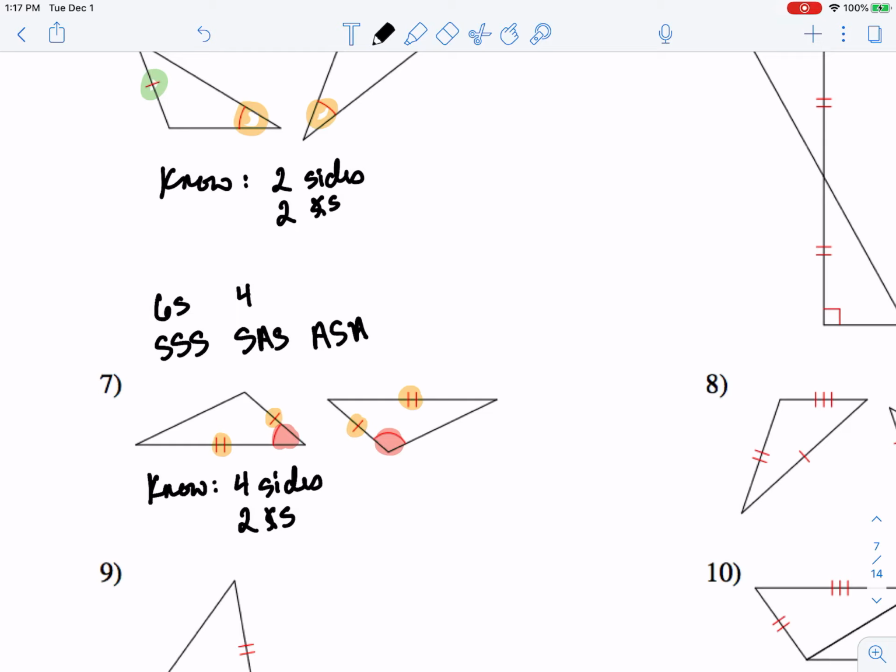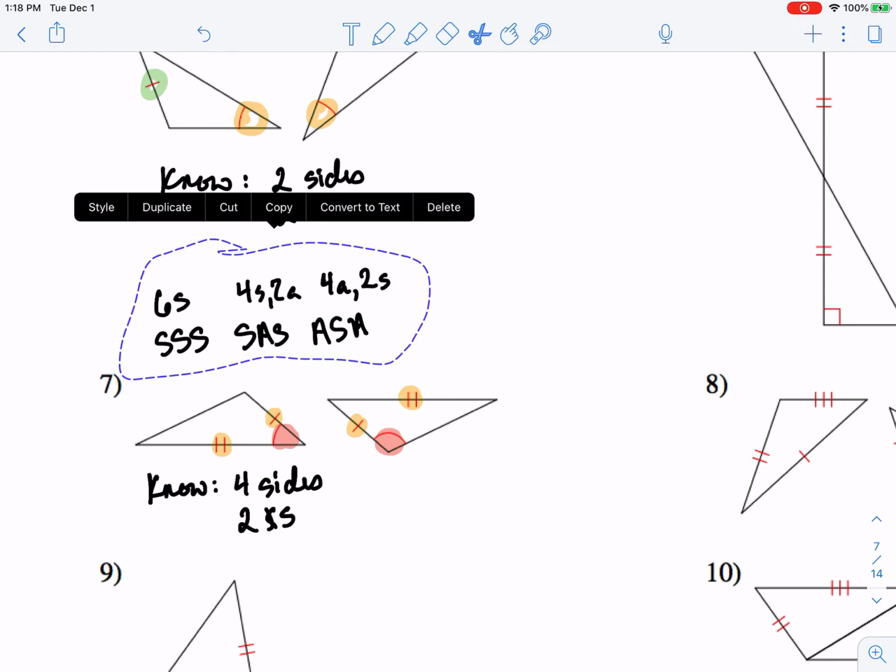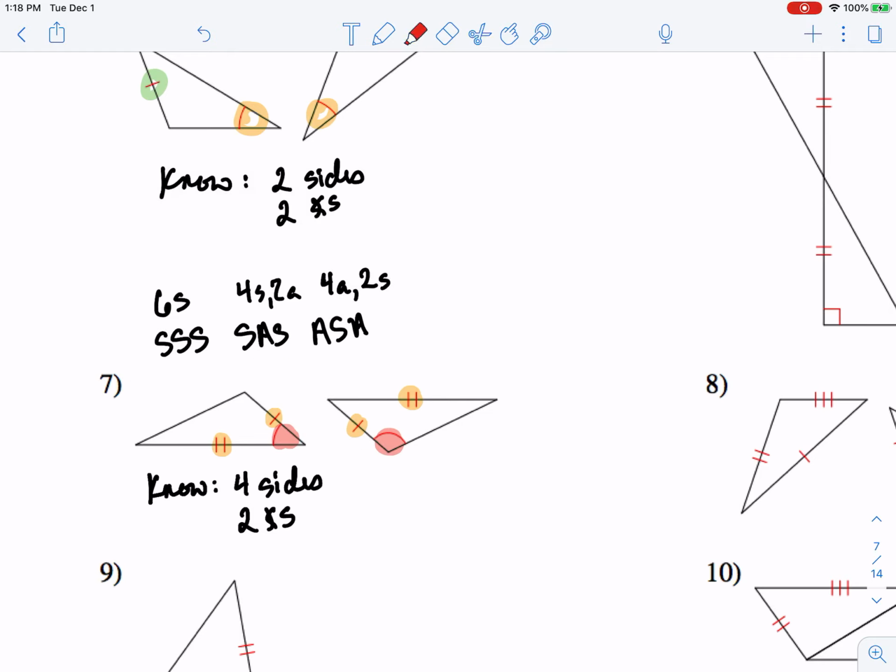Side, angle, side is 4 sides, 2 angles. Angle, side, angle is just the opposite, so 4 angles, 2 sides. Because they're not touching, I cannot make up any new marks. So therefore, it's not congruent by side, side, side. Side, angle, side, 4 sides, 2 angles, so it's a possibility. Angle, side, angle says I need 4 angles. Well, I only know 2, right? So I can't magically make new ones appear.